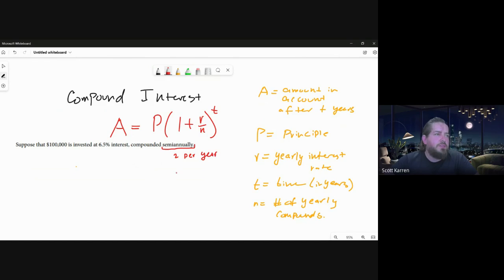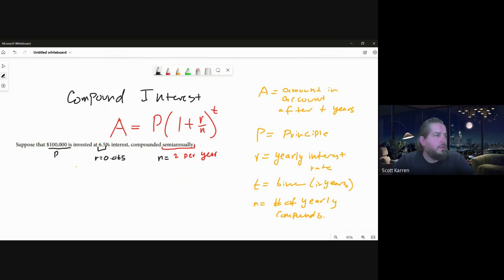So in this equation, I have A is what we're trying to solve, but P is 100,000. r is given by this 6.5. So r as a decimal is 0.065. So you need to convert percents into a pure decimal. And then n is 2.